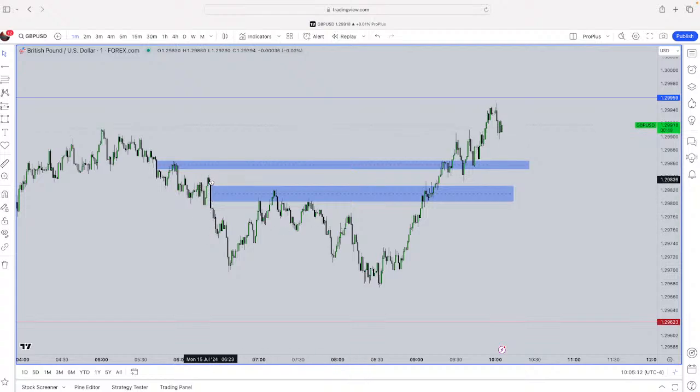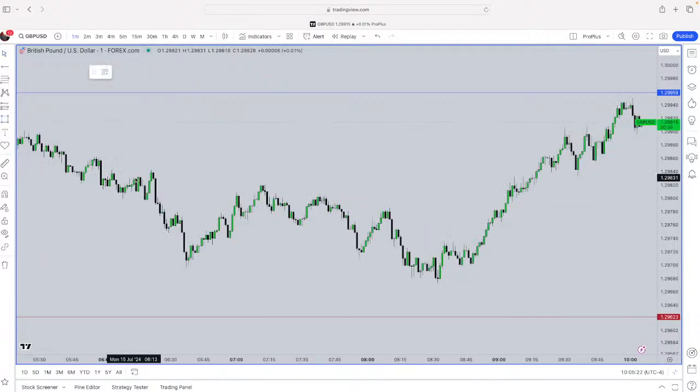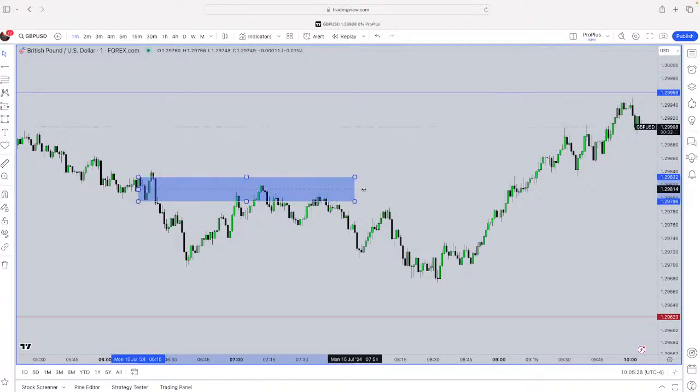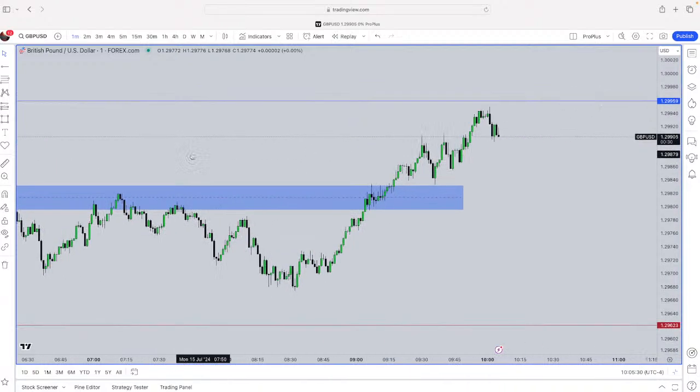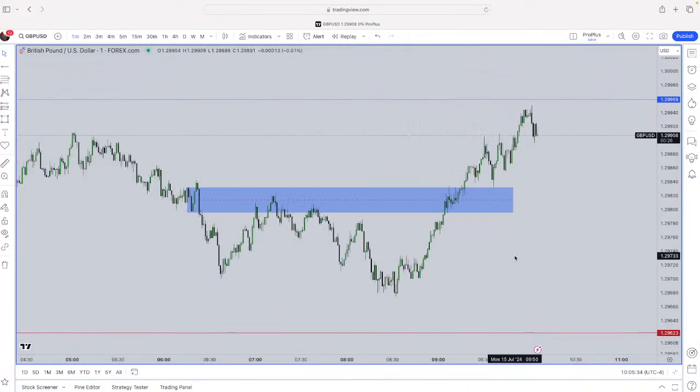High, low, high, high, lower, low. 3 candles here is a breaker. Breaker here. Look how it supports it there. Draw that across. Supports it here. So the bullish breaker.